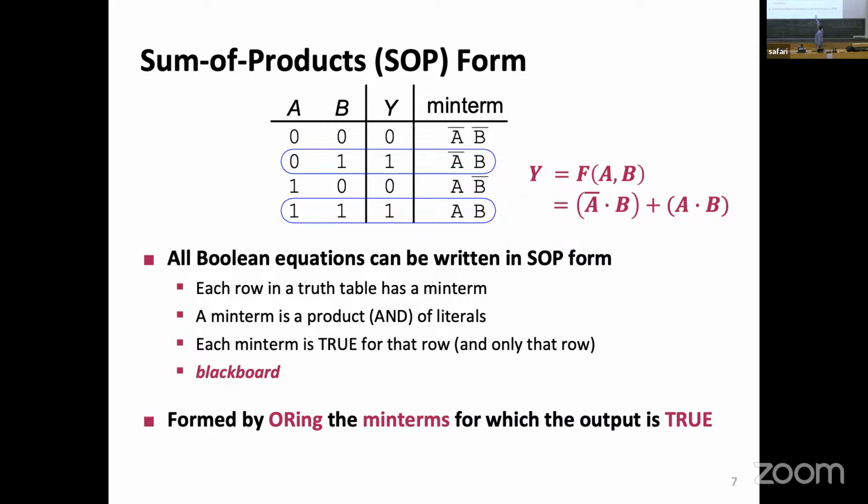So the board now reflects the same thing as we have. We have 4 different cases. Only 2 of them resulted in a positive output. So you can write the Boolean equation given any truth table directly by ORing the min terms for which the output is true. Any truth table. The only difficulty now is to make the truth table.